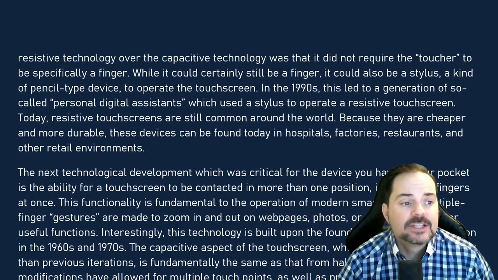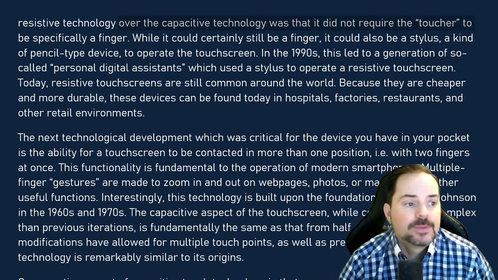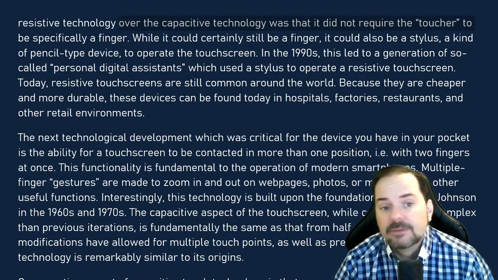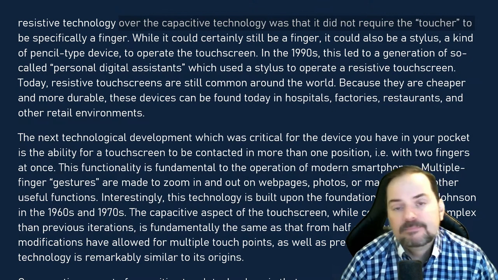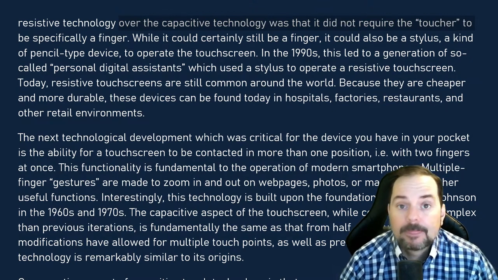One advantage of resistive technology over capacitive technology was that it did not require the toucher to be specifically a finger. While it could certainly still be a finger, it could also be a stylus, a kind of pencil type device to operate the touchscreen.